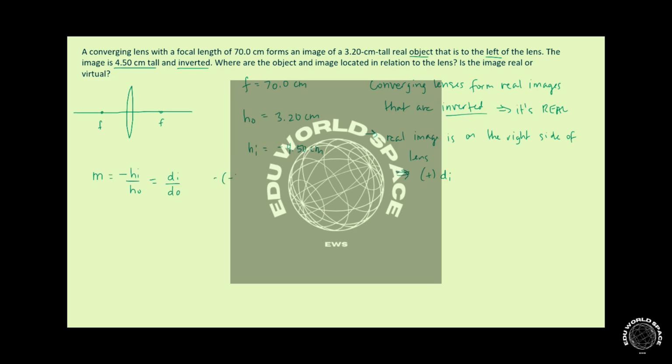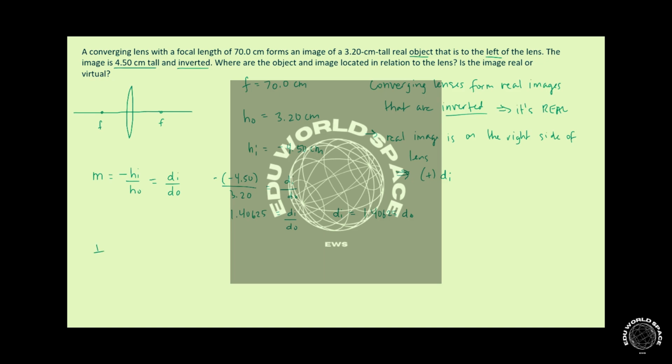So we can find our magnification, and I get that ratio to be 1.40625 equals DI over DO, which means that we're going to be able to use our lens equation and make a substitution that our image distance is 1.40625 times our object distance.